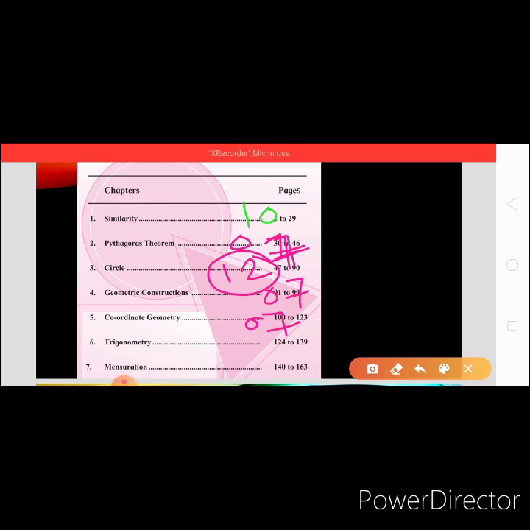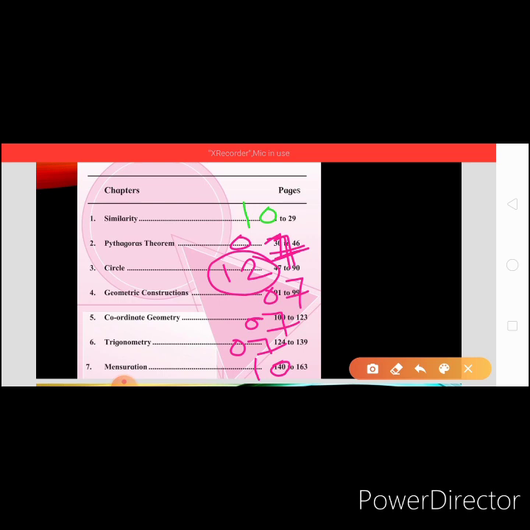Chapter number 6 is trigonometry, and this trigonometry also has 7 marks in the board exam. And friends, the last chapter is mensuration, and this mensuration is of 10 marks for your board exam.